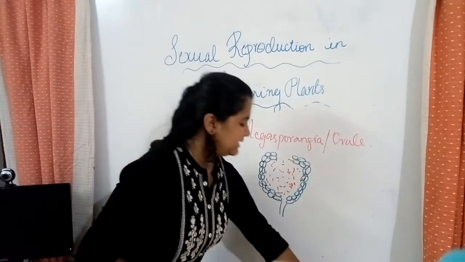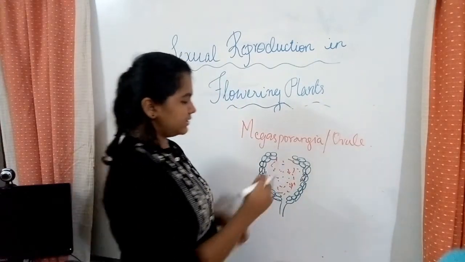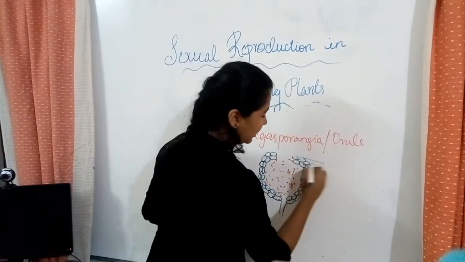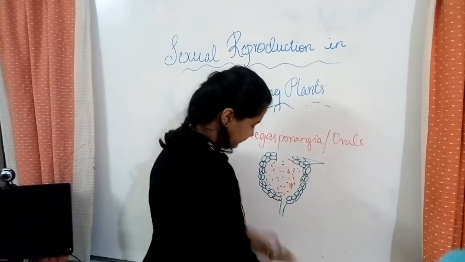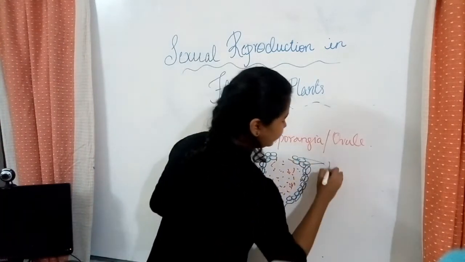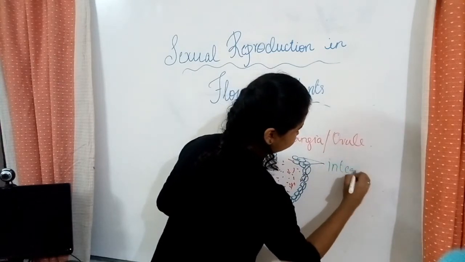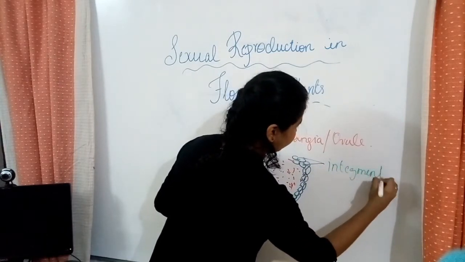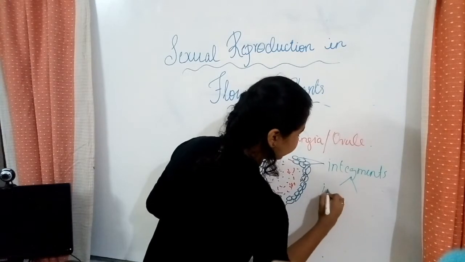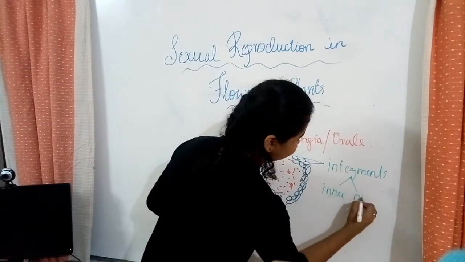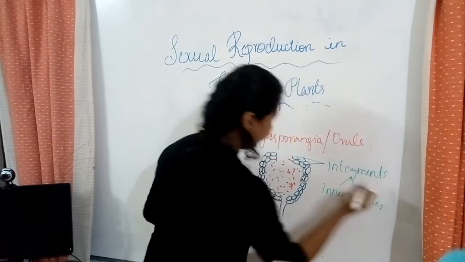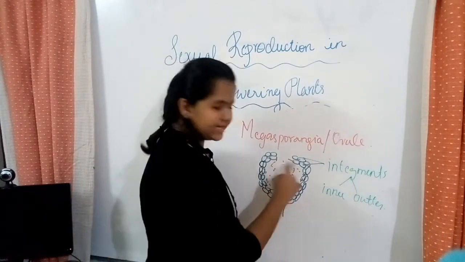Can you see two layers? These two are called integuments. They are two: inner integument and outer integument. Then you can see there is something inside.